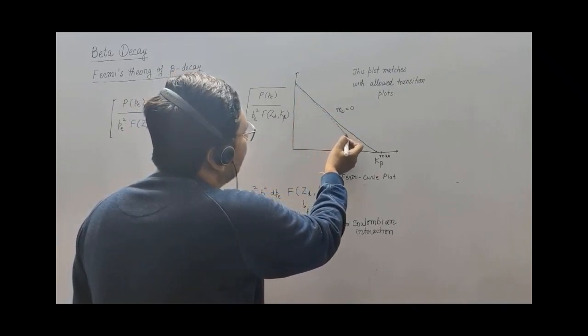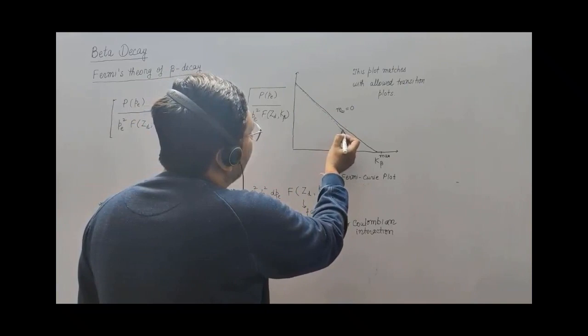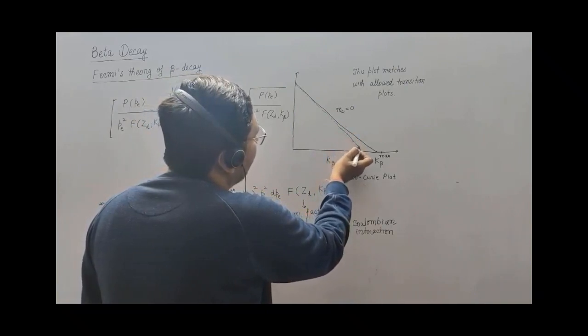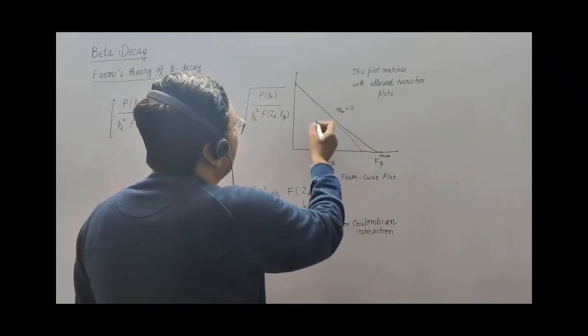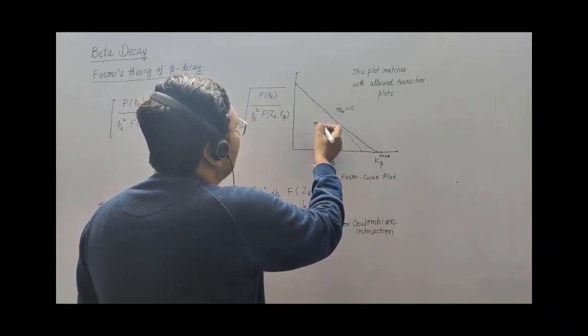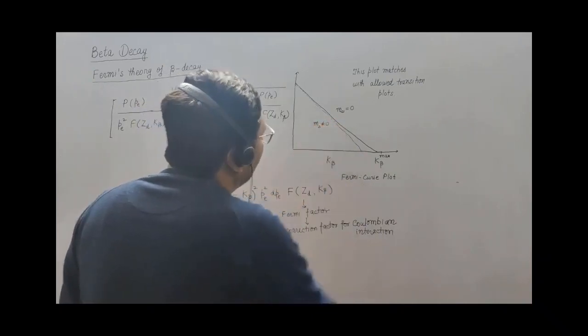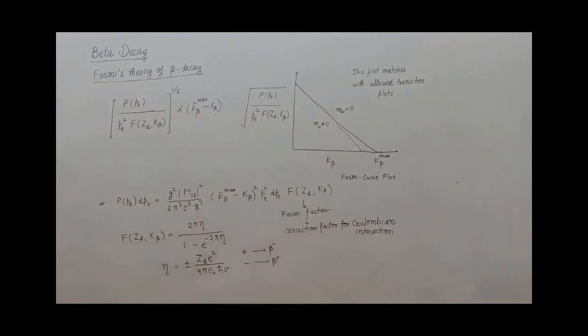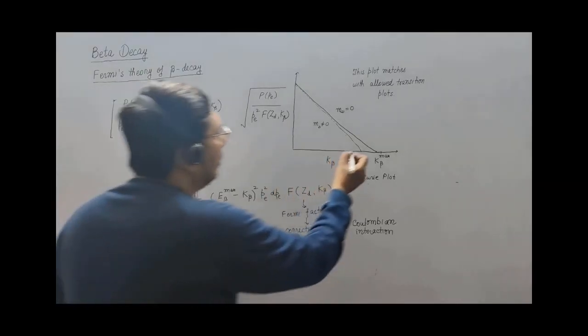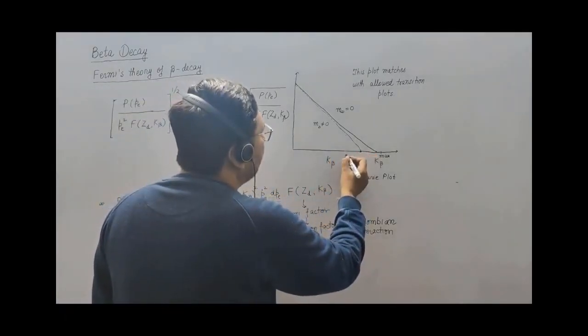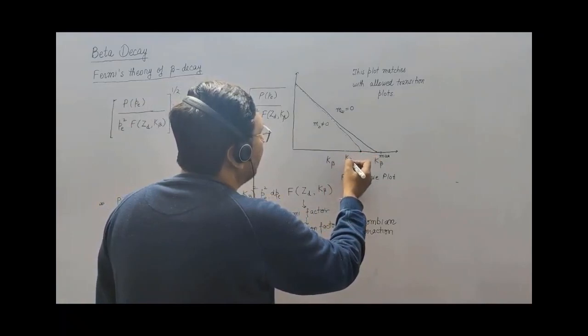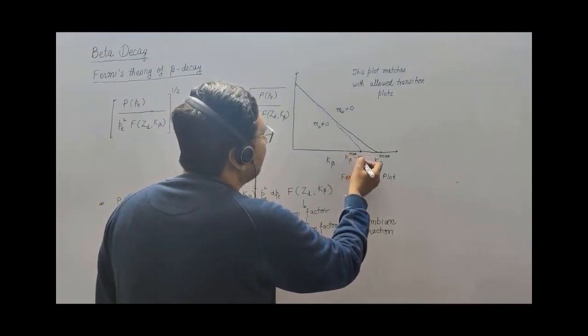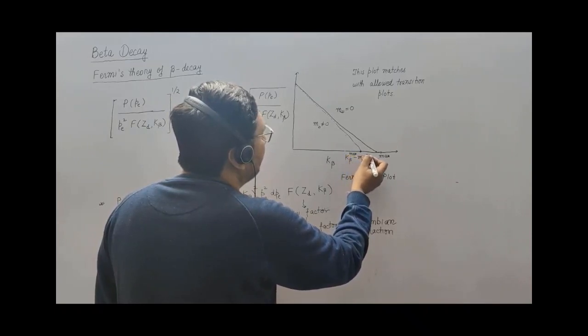If you consider the exact mass of the neutrino, if m nu is not equal to 0, then there will be a little bit of deviation from the straight line, and this end point energy will become K beta maximum minus m nu, the rest mass energy of the neutrino.